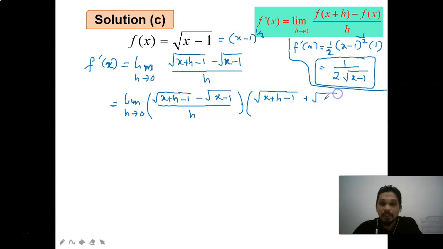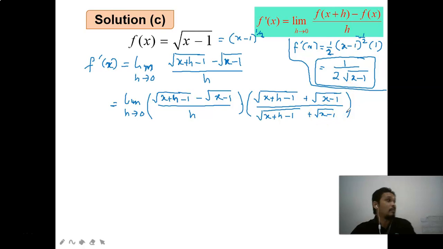Square root of x minus 1, divided by square root of x plus h minus 1 plus square root of x minus 1. There you go. Limit h approaching to 0.